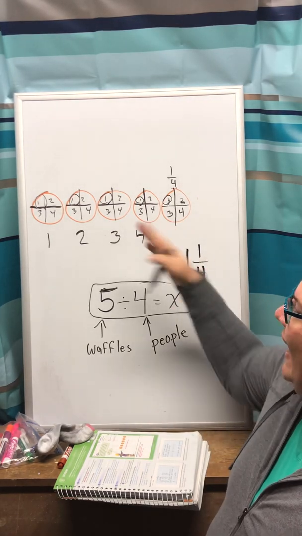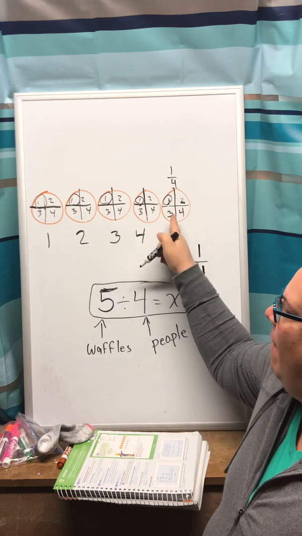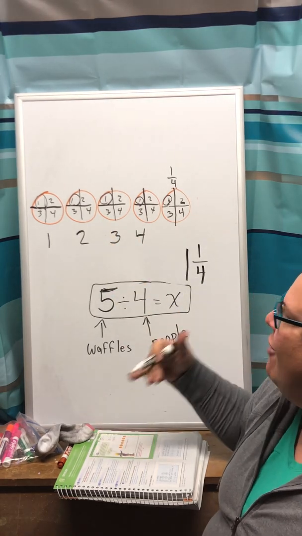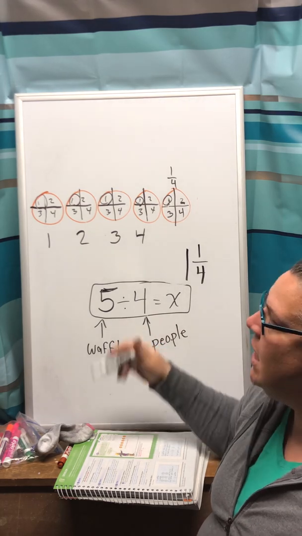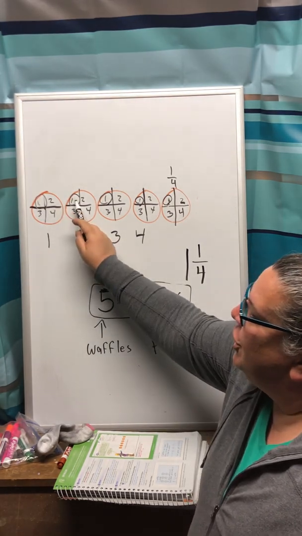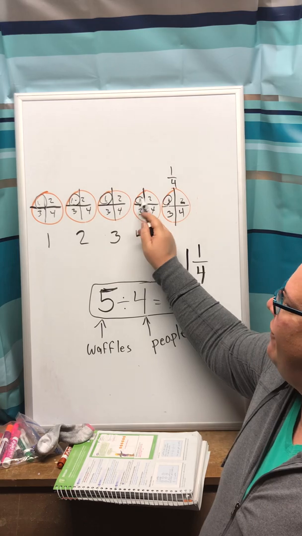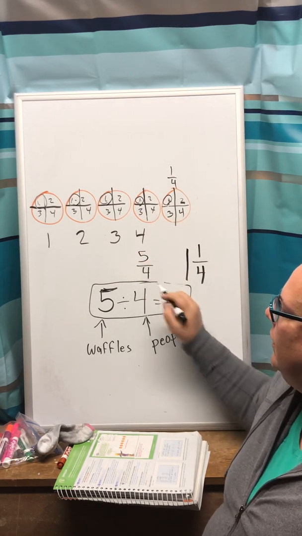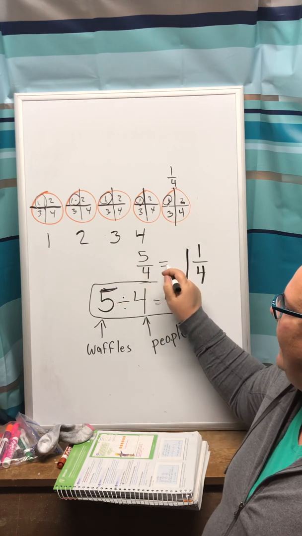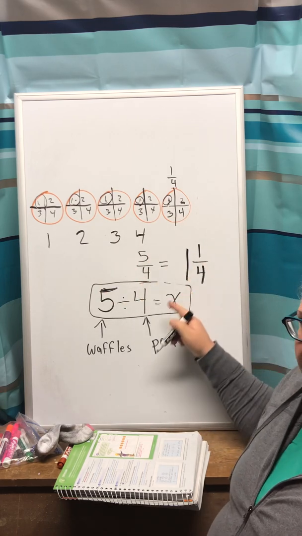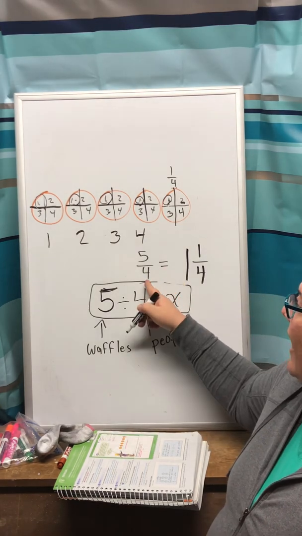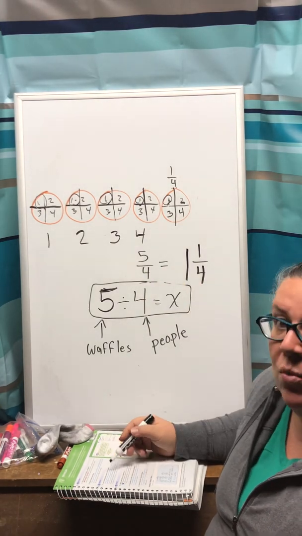If I go back and I did it the way I modeled this by cutting each waffle into 4 pieces, again, if we focus just on person number 1, they're getting 1/4, 2/4, 3/4, 4/4, 5/4 of the whole. And that again simplifies down to 1 1/4. 4/4 makes a whole, 1/4 left over, so 5/4 is the same as 1 1/4.